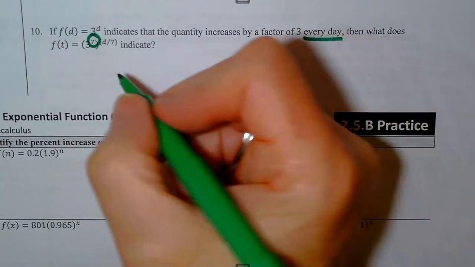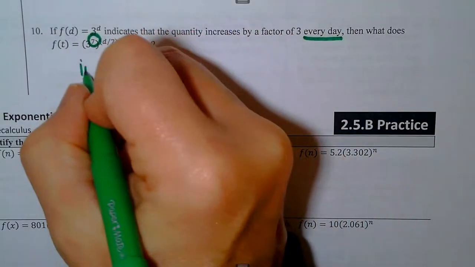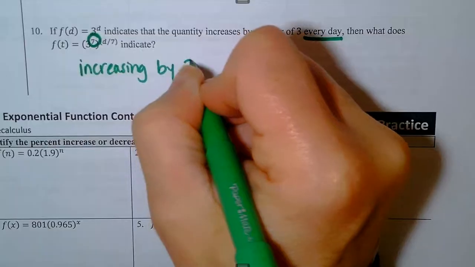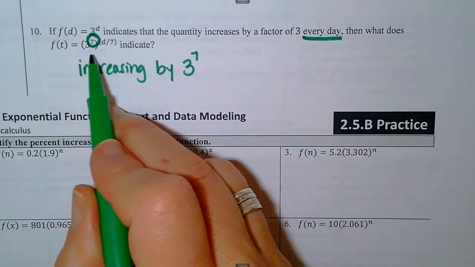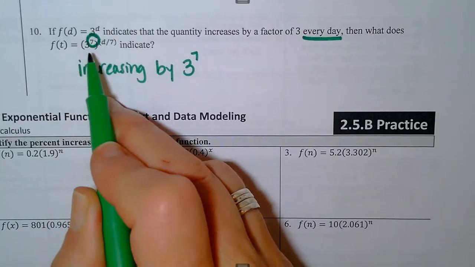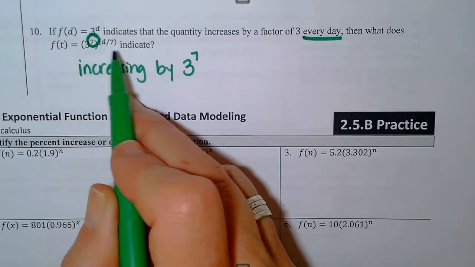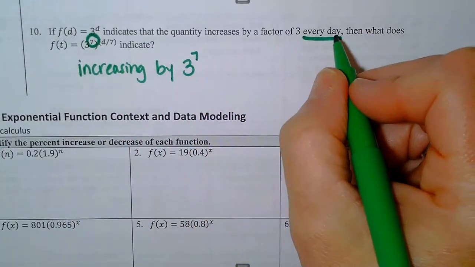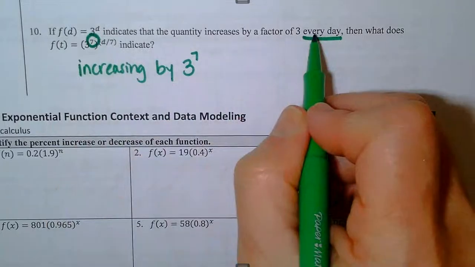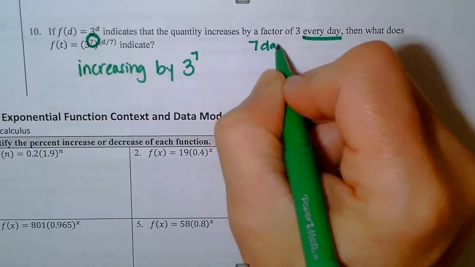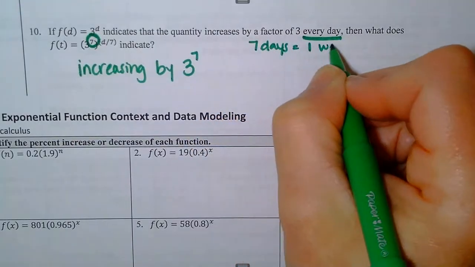Okay, so this is stating that it's increasing by 3 to the 7th because that is in the ratio spot for this function. And then this would be 7 days, which is how much? 7 days equal 1 week.